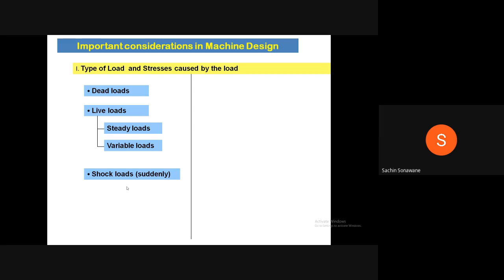That is known as shock load. Now, impact loads. It is applied with some velocity. You can consider rain as an example of impact load. Rain is also one type of impact load.